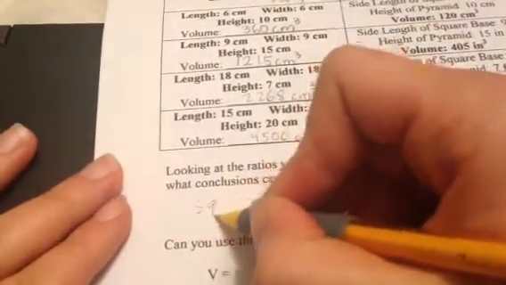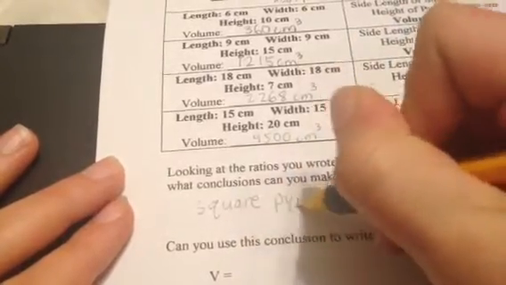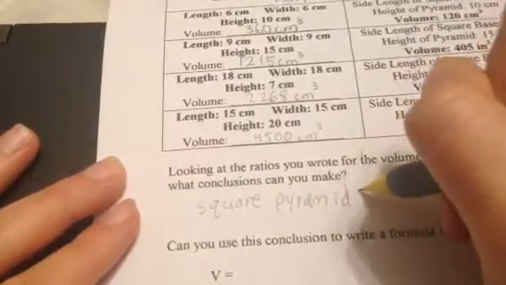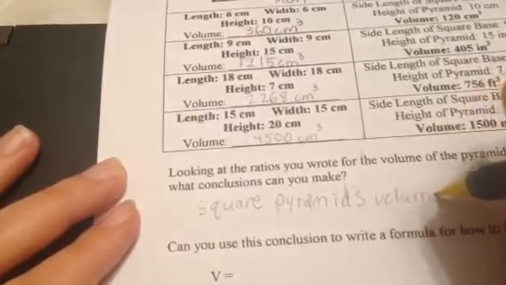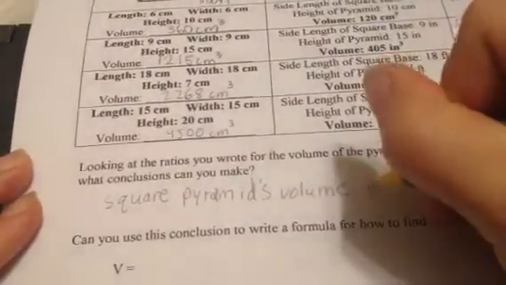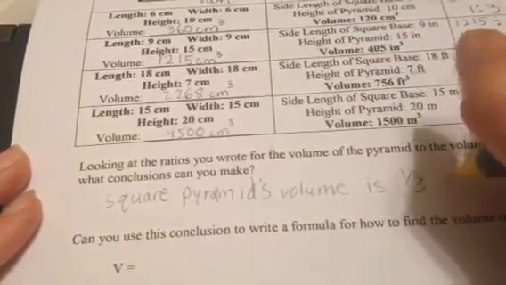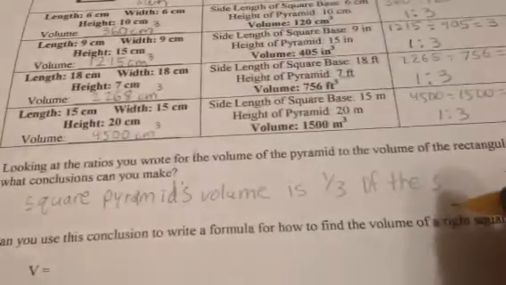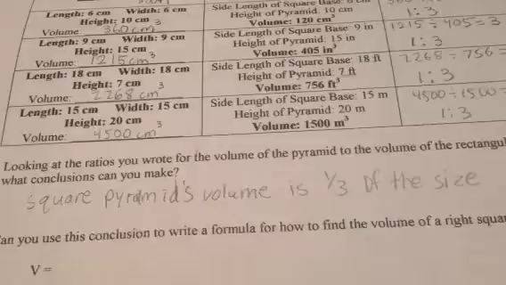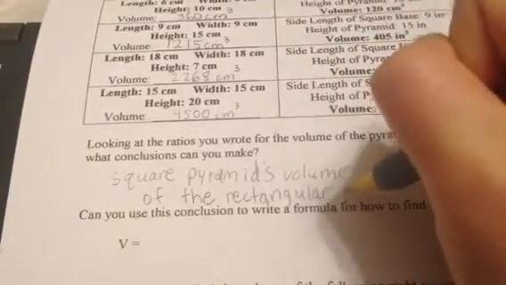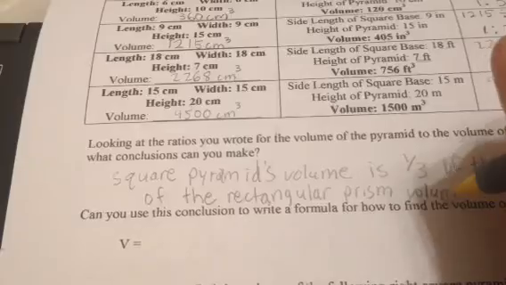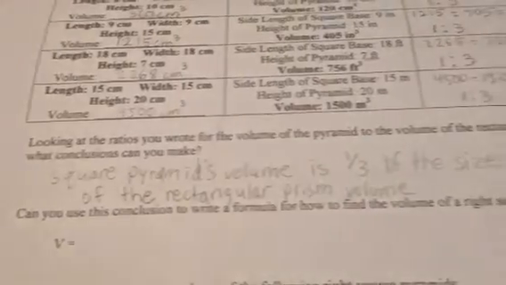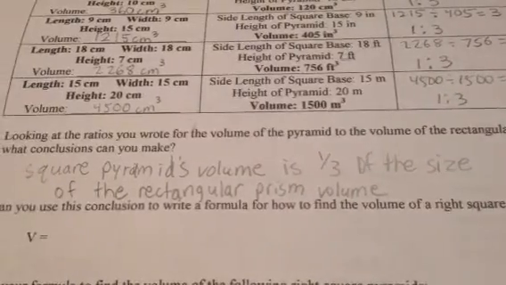So what we can find out is that the square pyramid's volume is a third of the size of the rectangular prism volume.